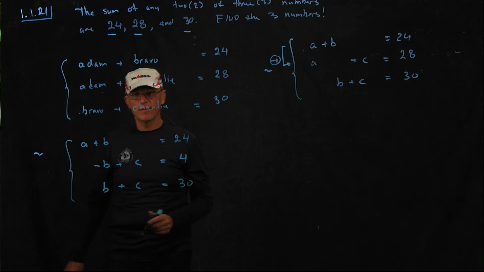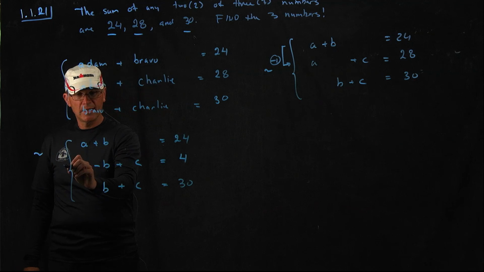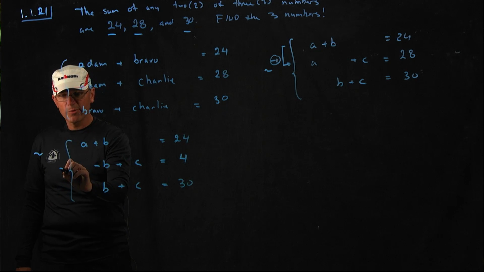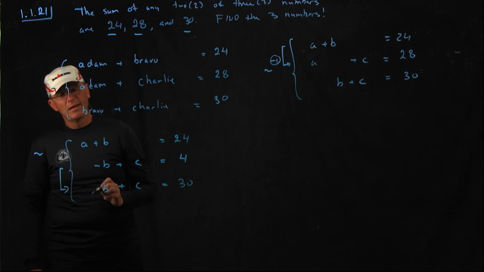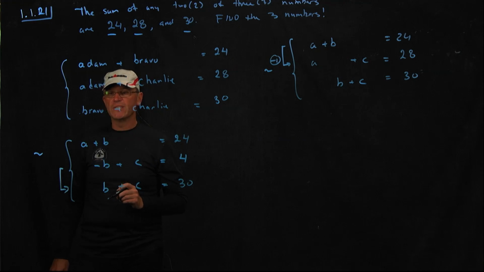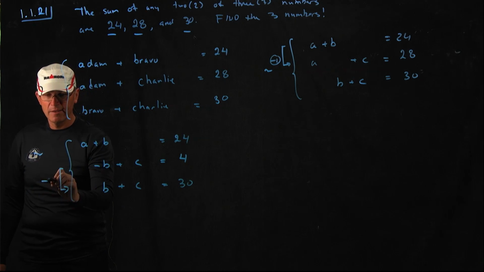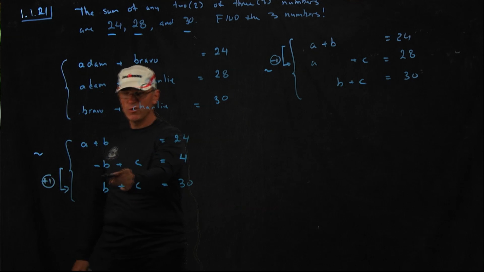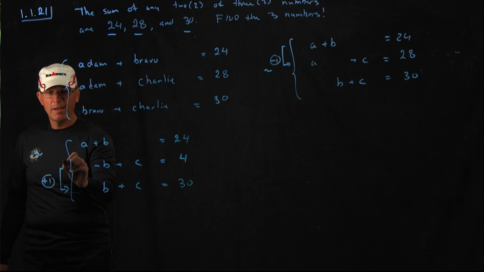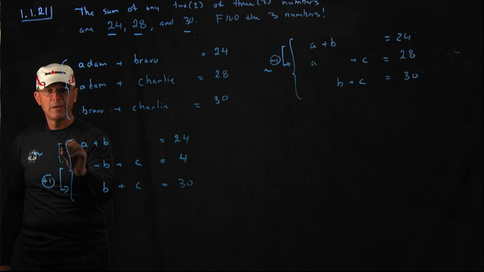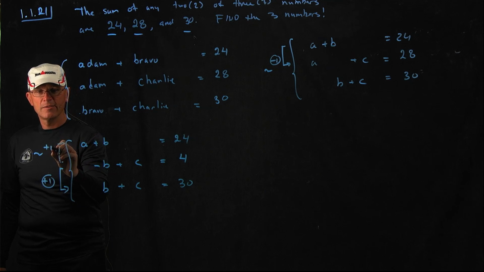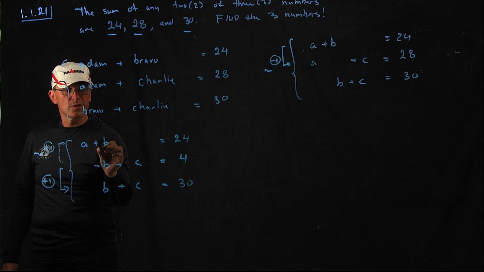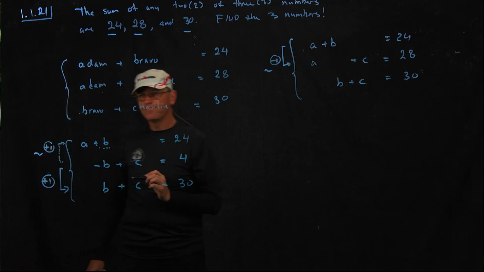Then we're going to do our standard stuff. So we're going to get rid of B in the other equations, right? So if we add the second equation to the third, we will get rid of this b. And if we were to add it to the first, we would of course get rid of that b.